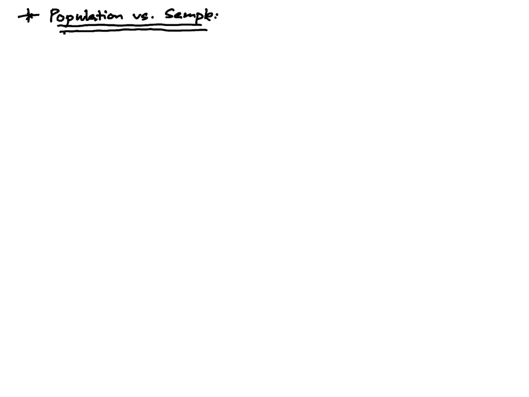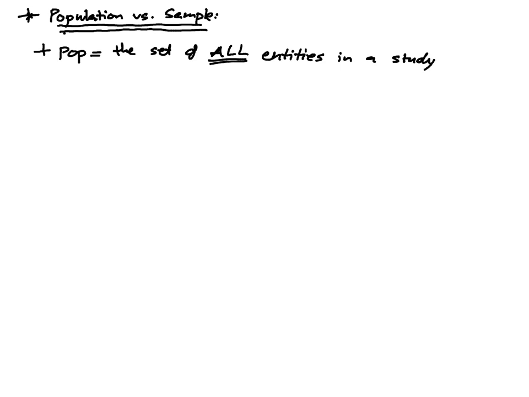So a population is the set of all entities in a study. And a sample is a subset of the population.